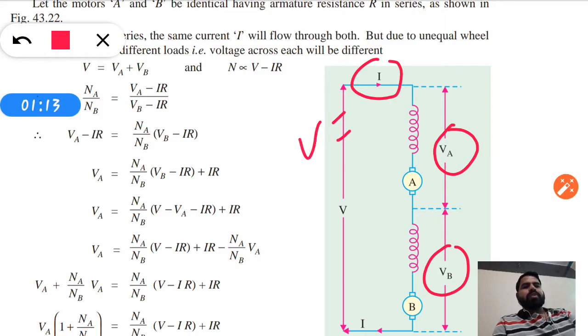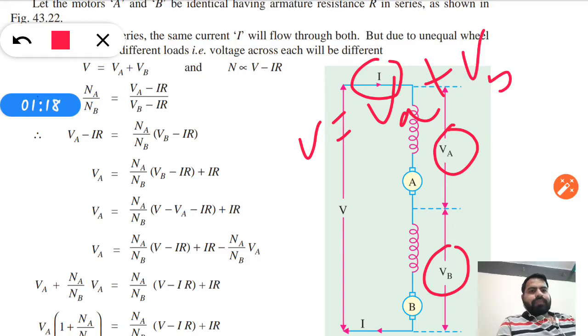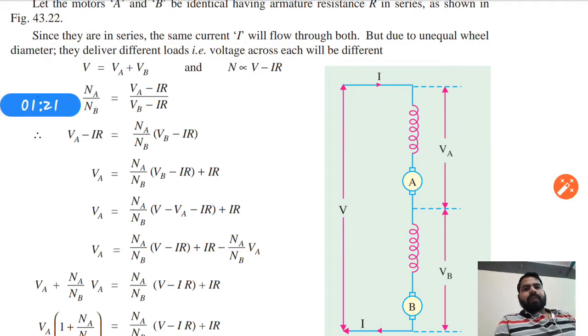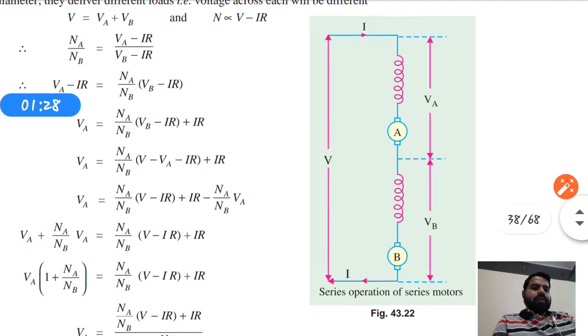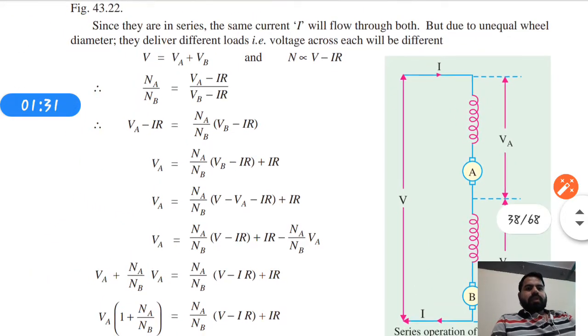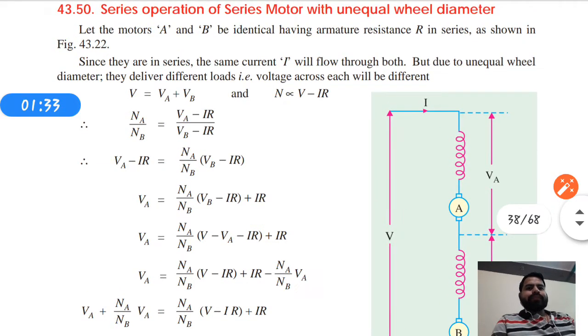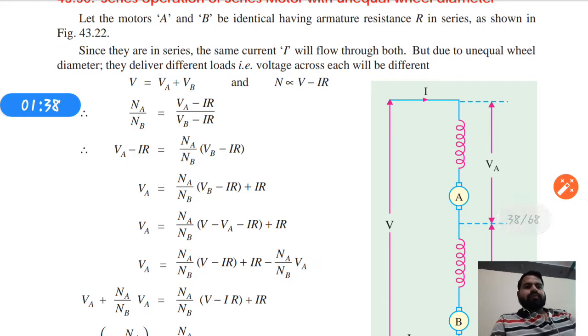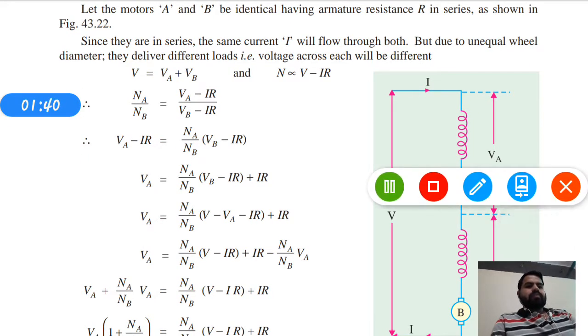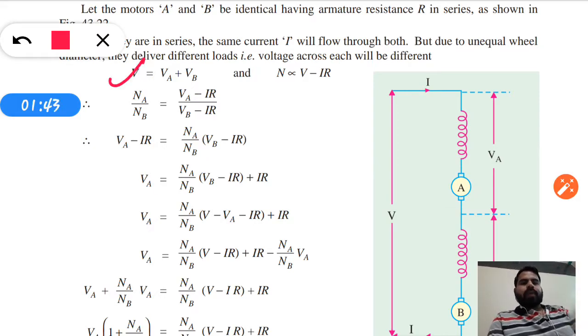V equals VA plus VB, and N is proportional to V minus IR.